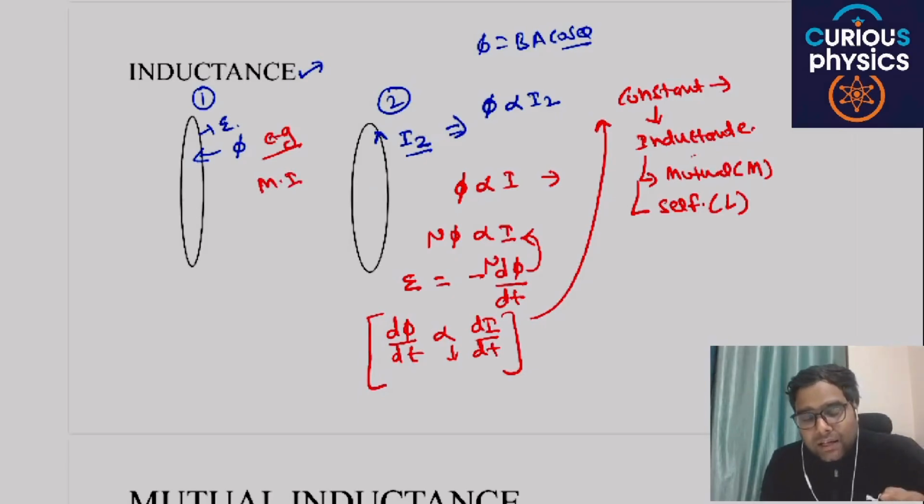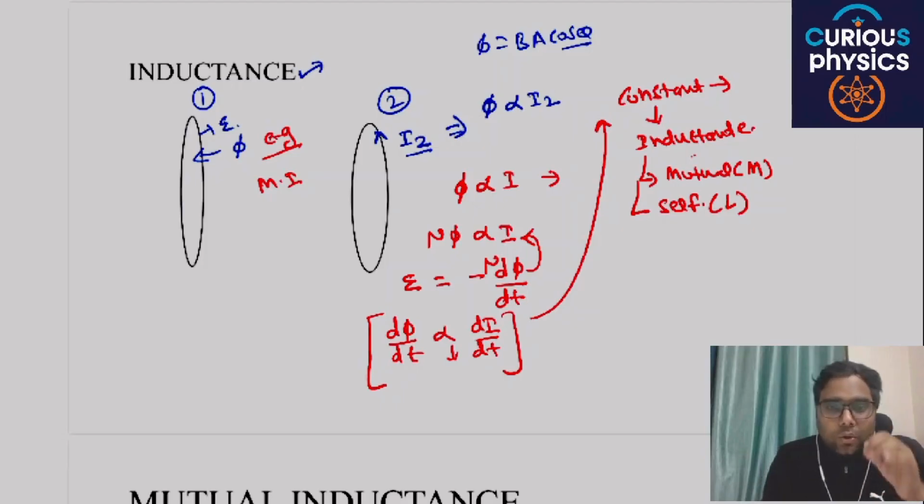Second is self inductance. Self inductance is the change in flux in a coil when you change the current in that same coil. In the case of self inductance there will be no two coils, only one coil. If you change the current in one coil, then the flux will automatically change.